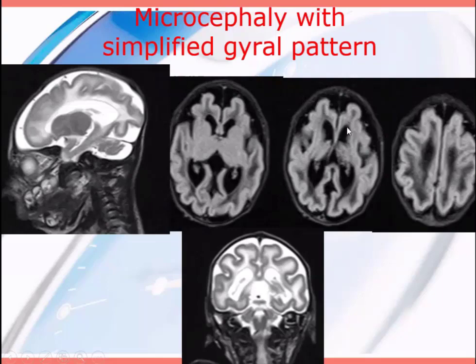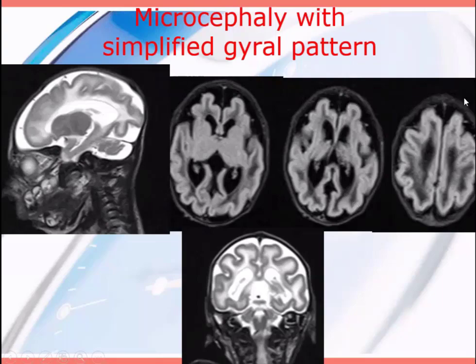What is the meaning of simplified gyral pattern of the brain? Meaning that there is arrest early in the intrauterine life of the growth of the brain. So here it retains the appearance of the intrauterine fetal brain. If you have experience with fetal ultrasound, you see early in the gestational age a simplified gyral pattern, meaning shallower sulci.